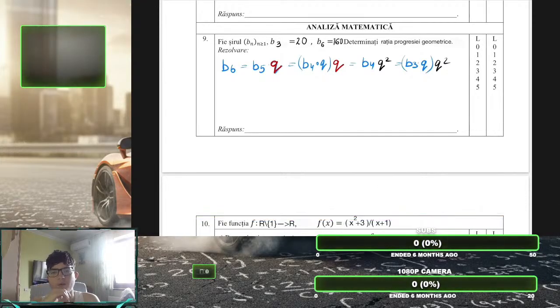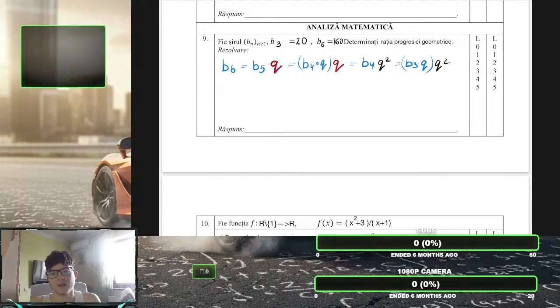Okay, so this is how the expression works. It's pretty messed up. I think the numbers matter too. So basically, you know B6, you know B3, so you write it down in a way that allows you to use both values. And this is what you get, B4 Q, Q, because B5 is B4 times Q. And so Q to the second power, so B4 you write down as B3Q, so Q to the second power remains.